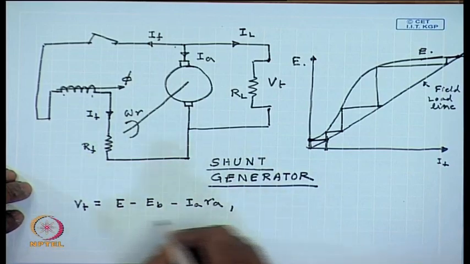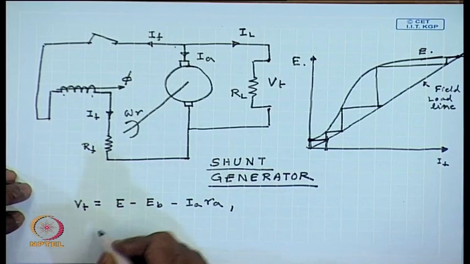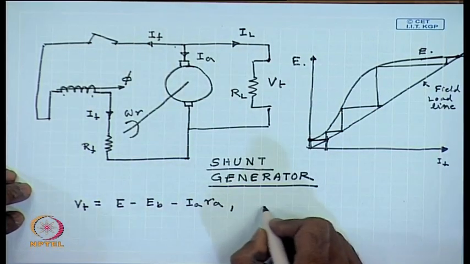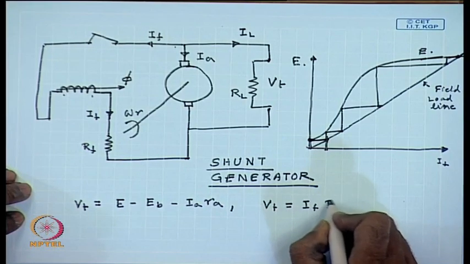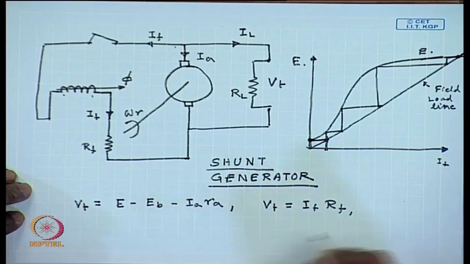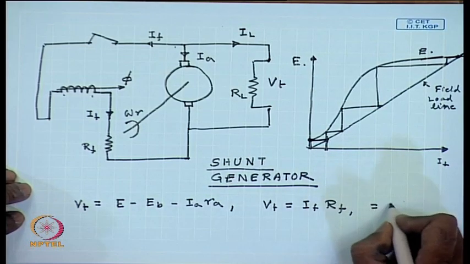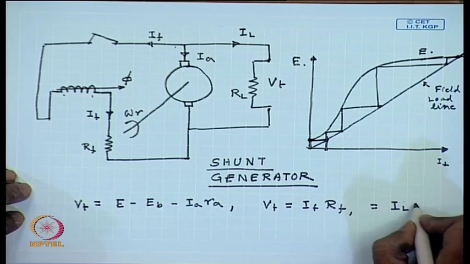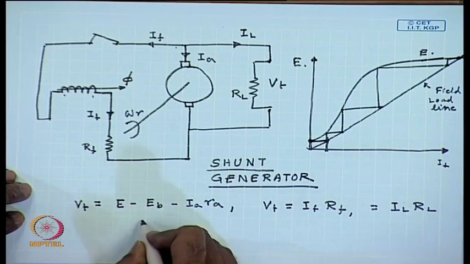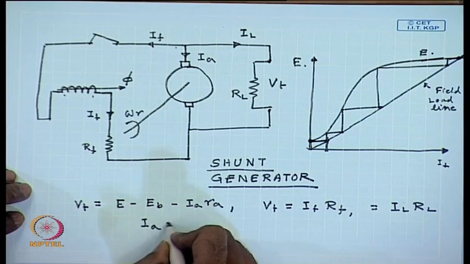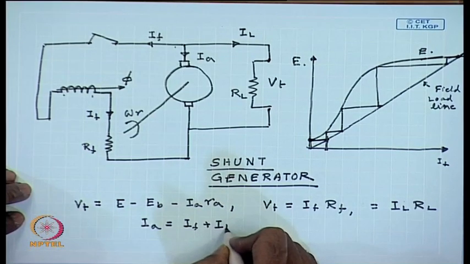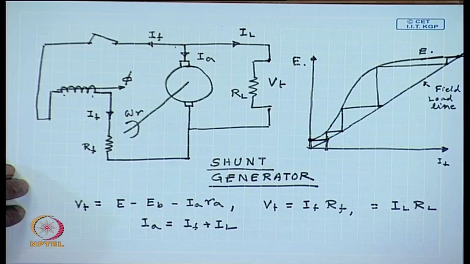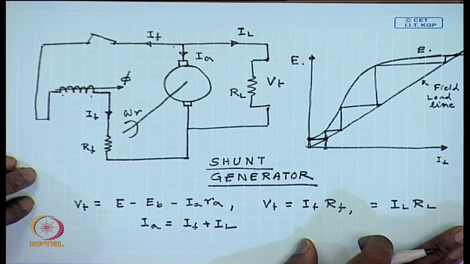Also V t equal to I f R f equal to I L R L and I a equal to I f plus I L. These are the steady state equations of a DC shunt generator.